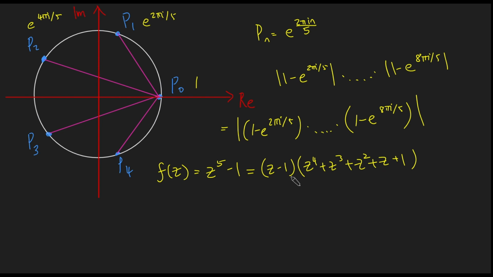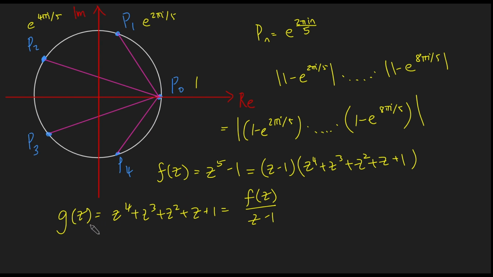Okay, so if I divide both sides by z minus 1, I'm going to get a function which I'm going to call g of z, and it's going to be z to the 4 plus z cubed plus z squared plus z plus 1, and this just equals f of z over z minus 1. Great. Now what I want to do is try and factorize g of z, so write it as z minus something times z minus something else, and so on. And to do that, we need to think about the roots of g of z.